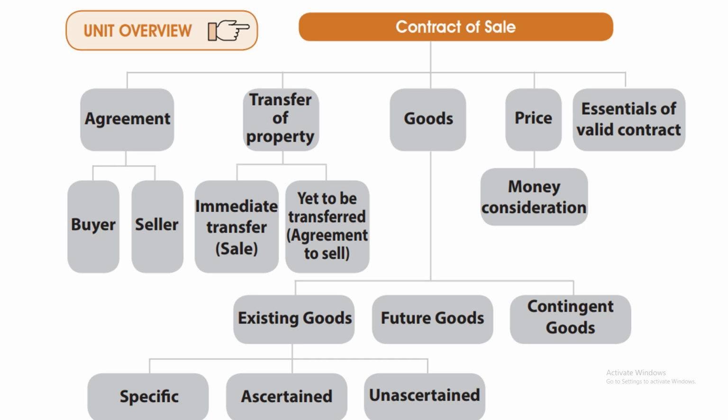Buyer means a person who buys or agrees to buy the goods, whereas the term seller means a person who sells or agrees to sell goods. And finally, one of the important terms relevant to the Sale of Goods Act is the price. The consideration for the sale must always be the price.